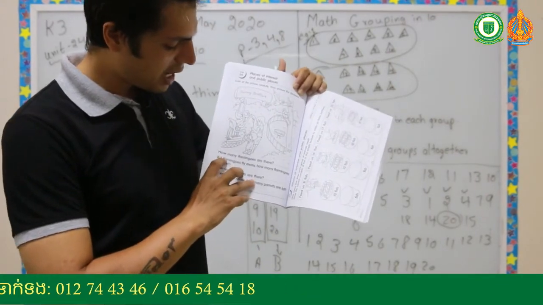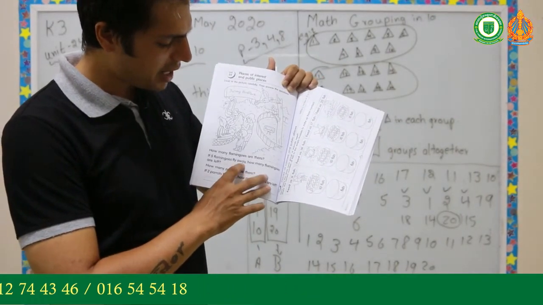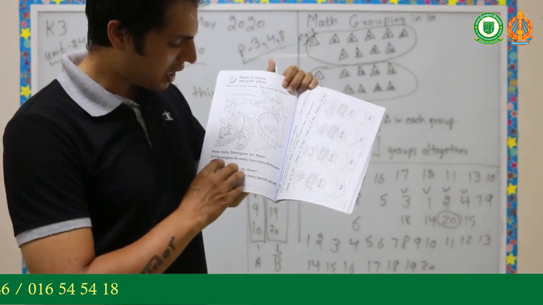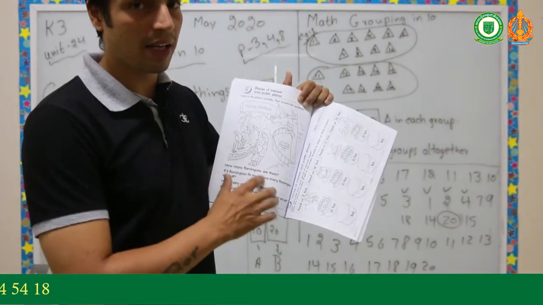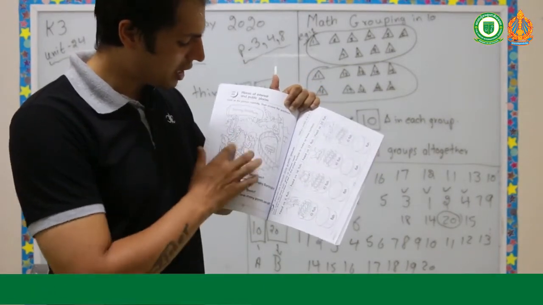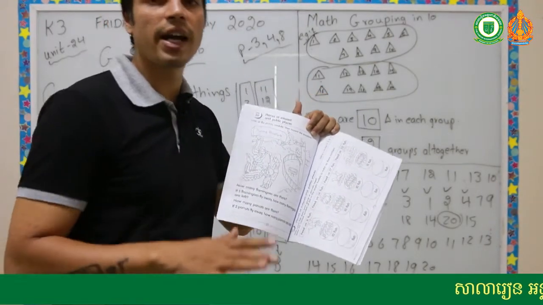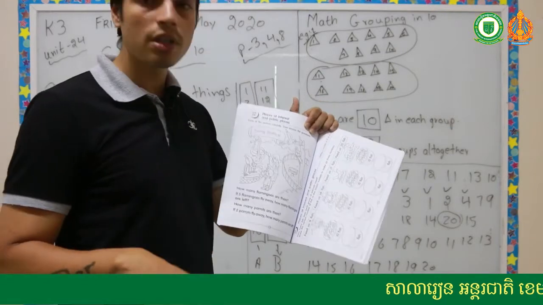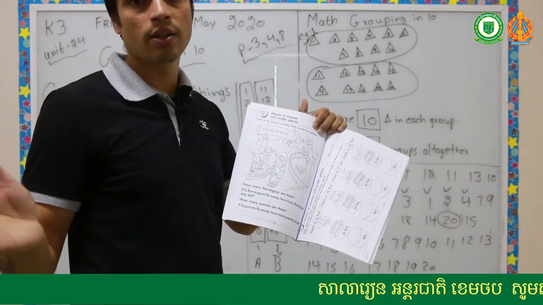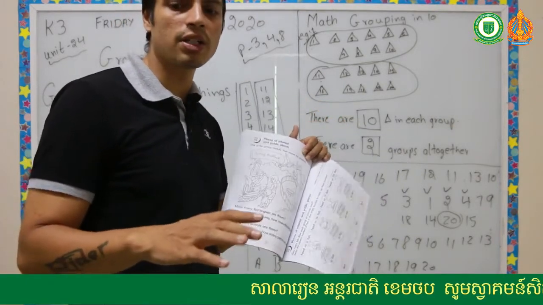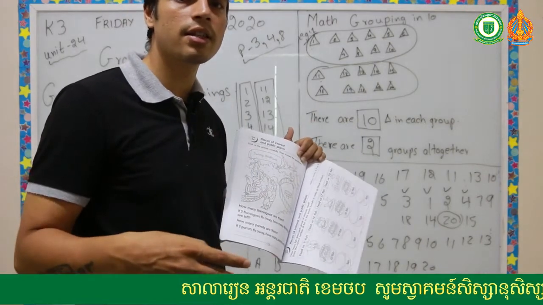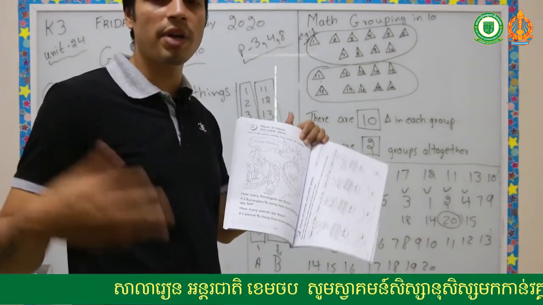Next, if 5 flamingos fly away, how many flamingos are left? So you count how many there are first. And if 5 fly away, means 5 flamingos go away. Like I explained in the last video, if I have 3 pencils and I put 3 pencils away, how many do I have?